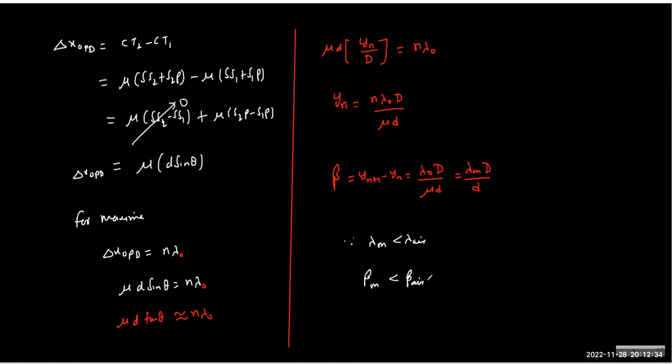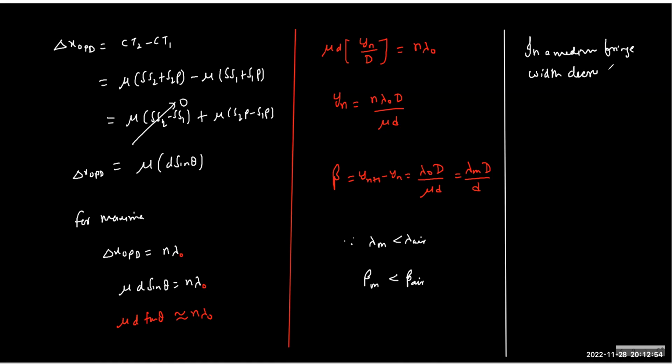And with the shrinking size of the beta, the fringe width will shrink, right? So in a medium, they will ask you what will be the effect of medium on a fringe width. The answer is it will decrease. So in a medium, fringe width decreases relative to air.